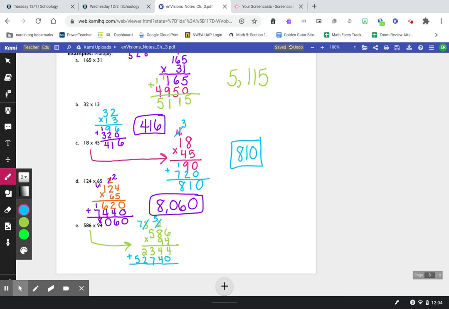And you add. 4 plus 0 is 4. 4 plus 4 is 8. 3 plus 7 is 10. 2 plus 2 is 4, plus 1 is 5. 5 plus nothing is 5. So your answer is 55,084.